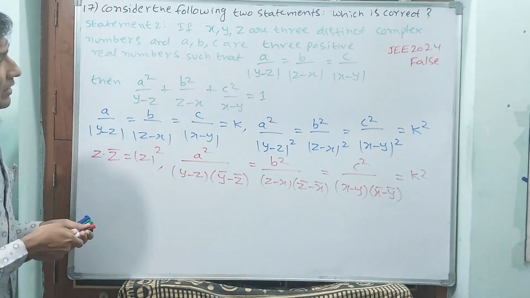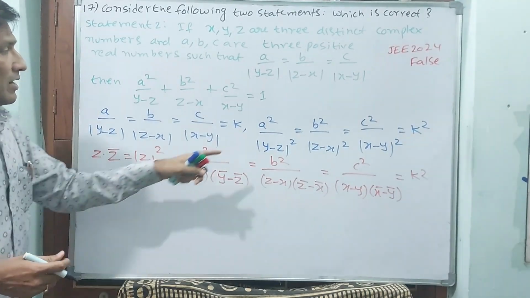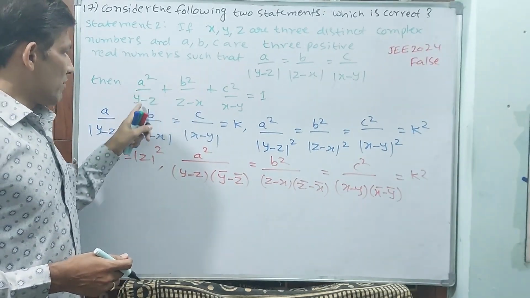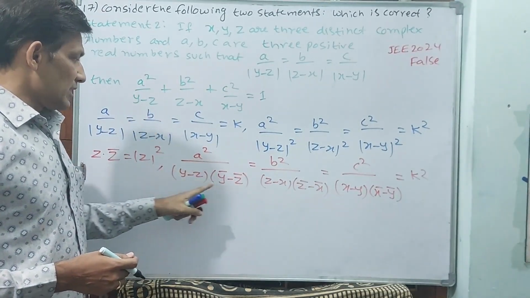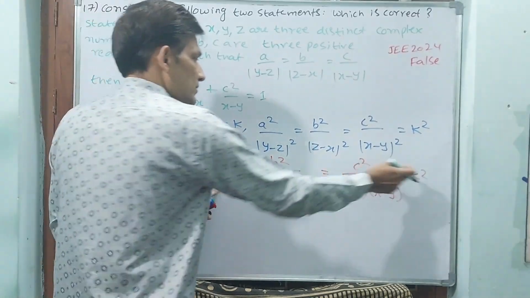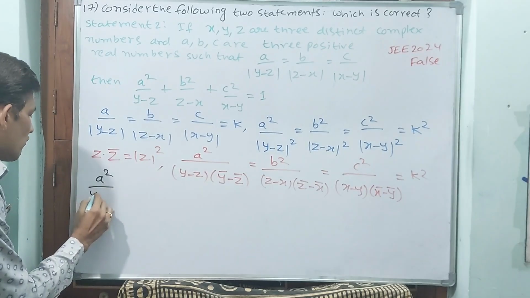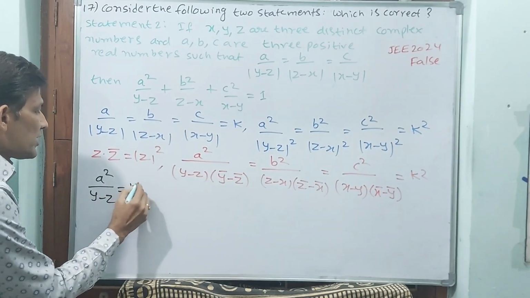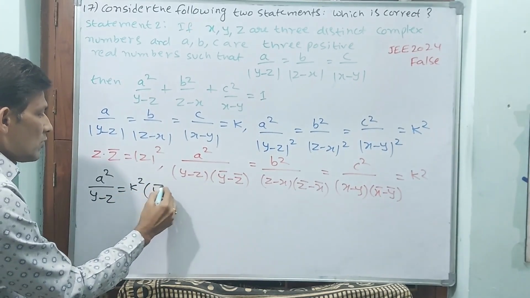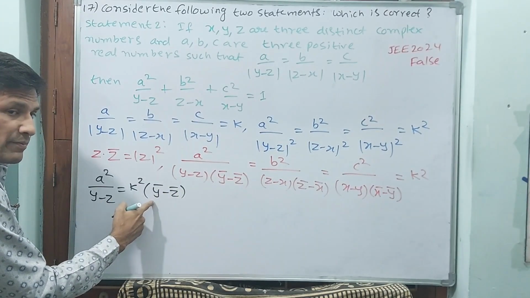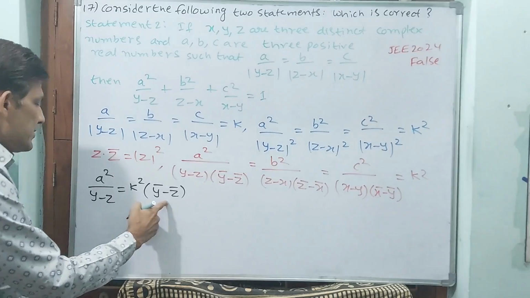Now I want only A square by y minus z. That means I send this k square across and write it down. A square by y minus z is equal to k square into conjugate of y minus conjugate of z.